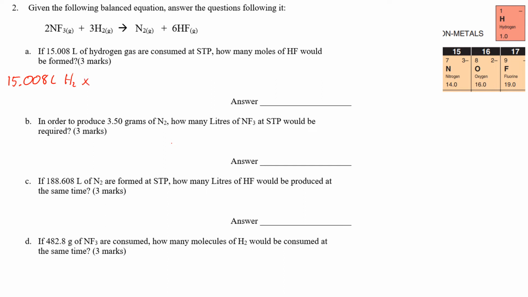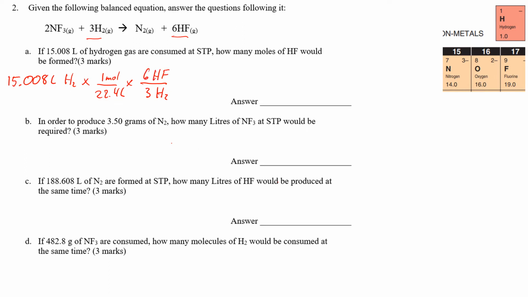Again, I'm not in moles, so I cannot use my molar ratio. If I want to convert this into moles, we know that 22.4 liters is equal to 1 mole. And now after this calculation, I'm in moles, so I can now use my molar ratio. If I look here, there's 3 hydrogens for 6 HFs. I want my hydrogens to go away, so I'm going to put it on the bottom, and then I want my 6 HFs up here.